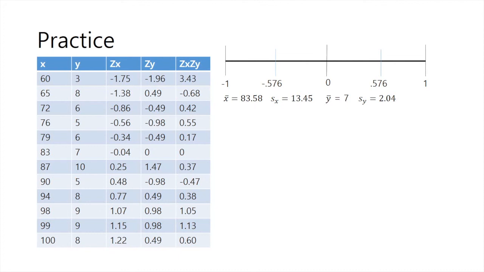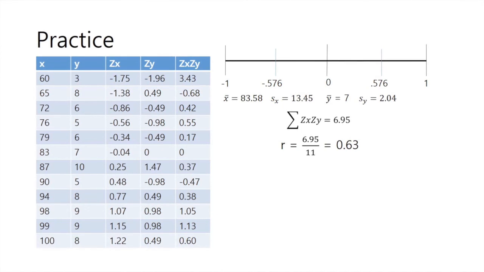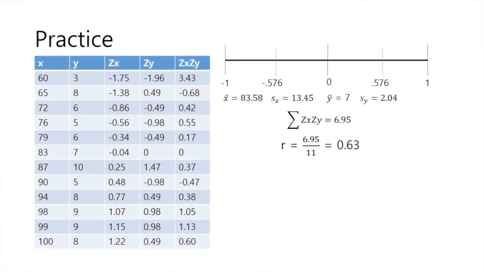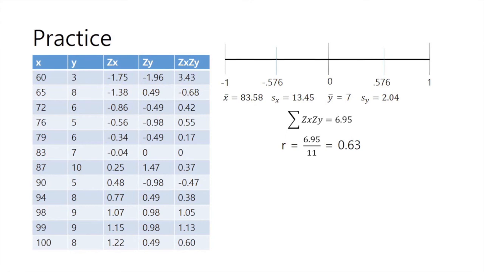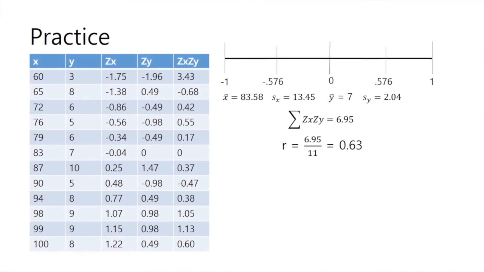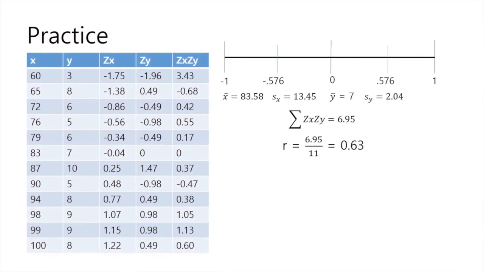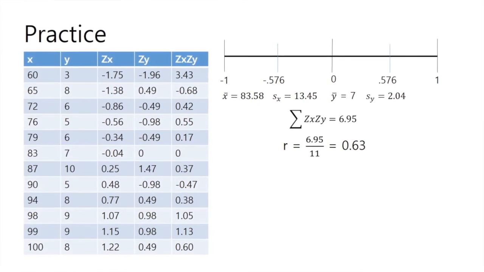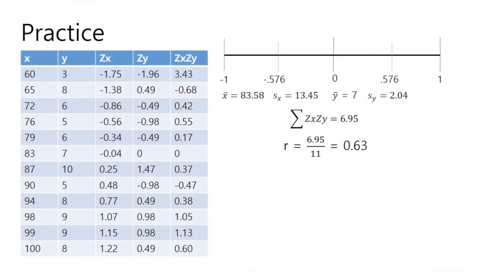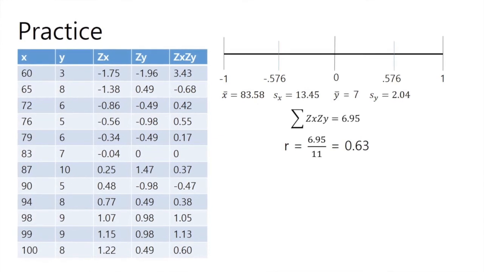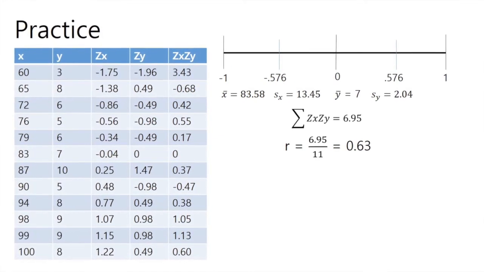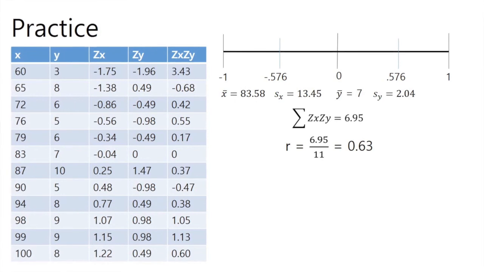From this table, adding them up, the sum of zx zy is 6.95. So, using the formula, r is 6.95 over n minus 1, which is 11. Thus, r is 0.63. And since 0.63 is bigger than 0.576, there is enough data to conclude that there is good correlation between the two variables.